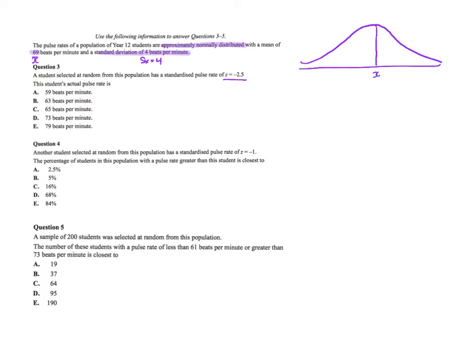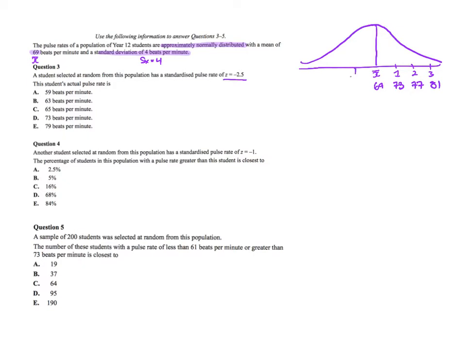So we're going to put the mean at 69, and if I go up 1, 2, 3, one standard deviation would be 4 onto that 69, so that is 73. 2 standard deviations, I'd add another 4, which would be 77, and another 4, which would be 81.